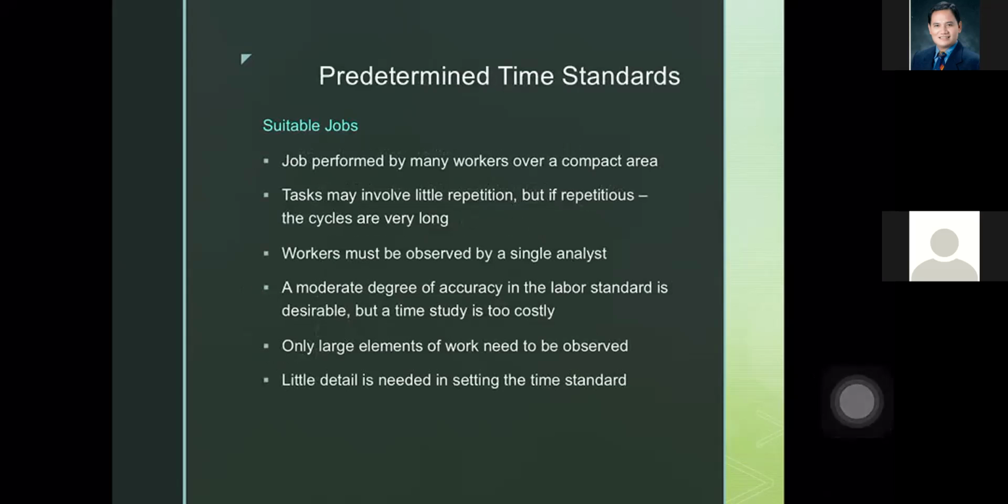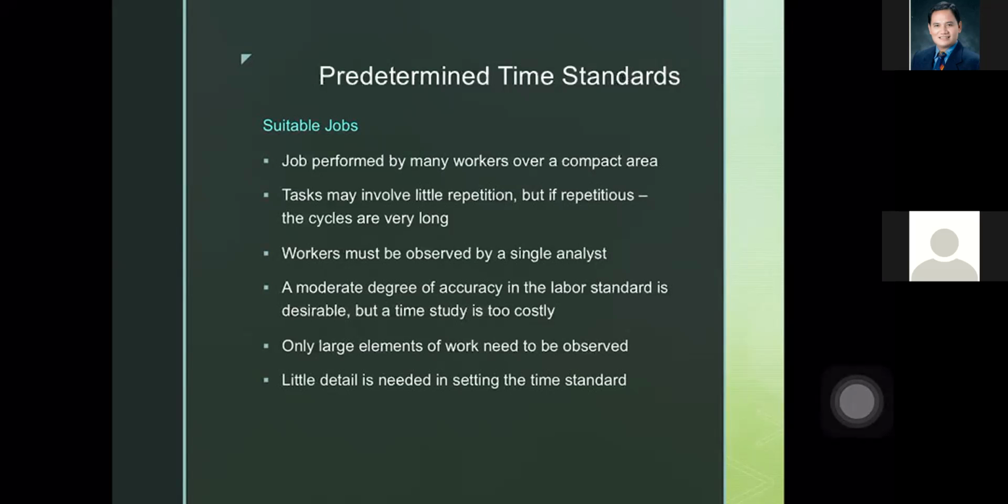It is commonly used for new operations or new products. Many predetermined time standard systems are used: work factor, method time measurement, or MTM, basic motion time, or BMT study, and others. So here in predetermined time standards, a suitable job is performed by many workers over a compact area.